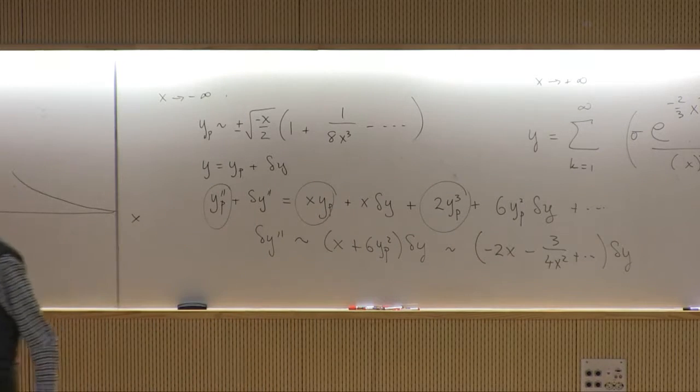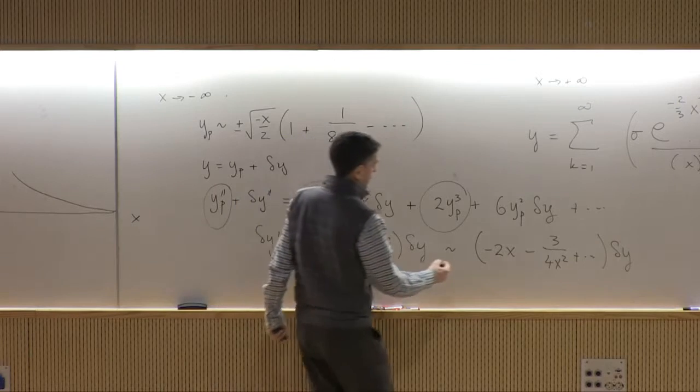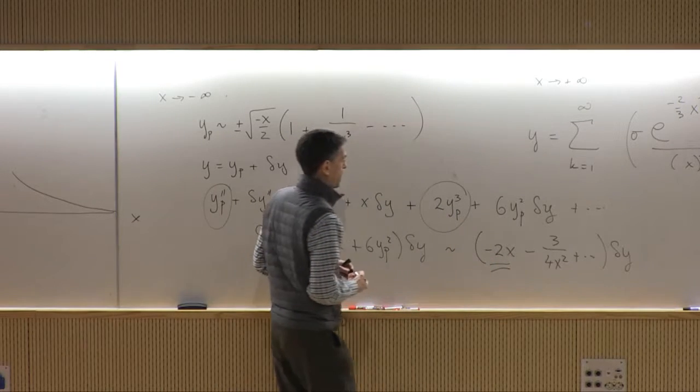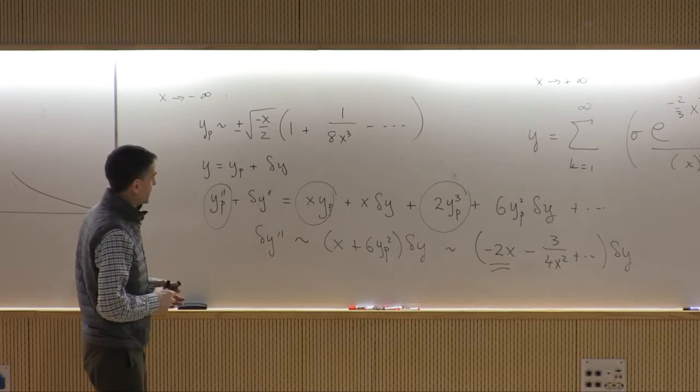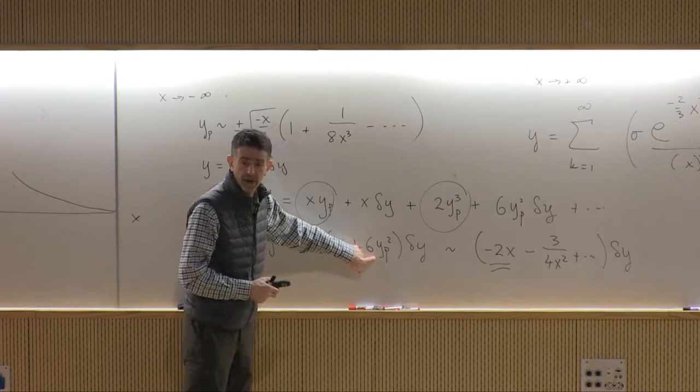If that's wrong, I'll discover it in a second. Okay, so let's look at the first term first. All right, it's minus 2 because there's a plus 1, but there's a minus 3 from here.